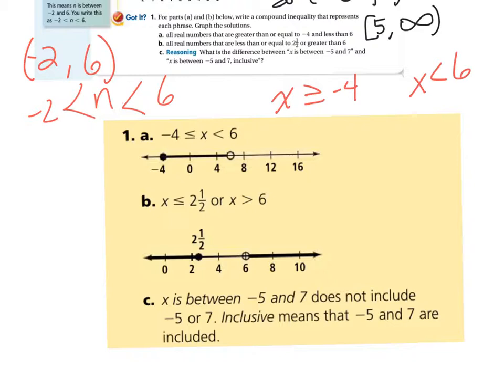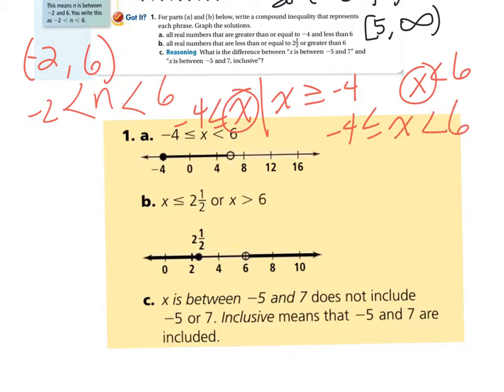So this one you could use the mirror trick, right? So now we have it where the variable's in the middle for both. So you can say -4 less than or equal to x less than 6. And then the graph, obviously, open at 6, heading to the left, filled in at -4, heading to the right, looking for the overlap there.